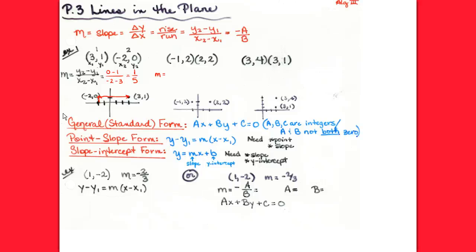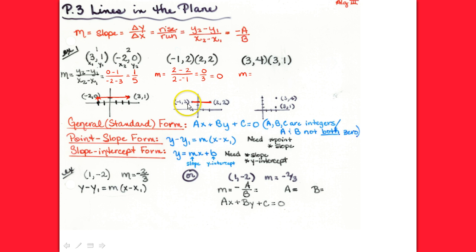All right, so go ahead and calculate the slope on these next 2 that they gave us. So for your second one, you got 0 over 3, and if you divide 0 by anything other than 0, you're going to get 0, right? All right, think about that for just a second. If you took those 2 points, negative 1, 2, and 2, 2, and you graphed those, you're getting a rise of 0 and a run of 3.